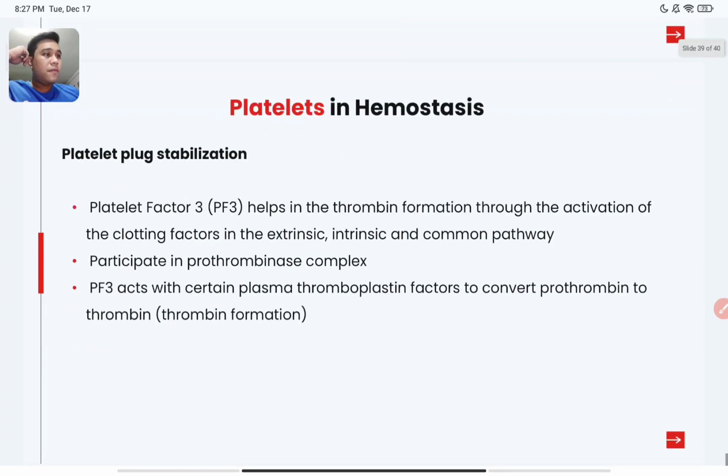So that's all for your primary hemostasis. Next week, our next topic will be diseases regarding primary hemostasis. So we will have platelet diseases. We can have quantitative and qualitative platelet disorders. When we say quantitative, thrombocytosis and thrombopenia.